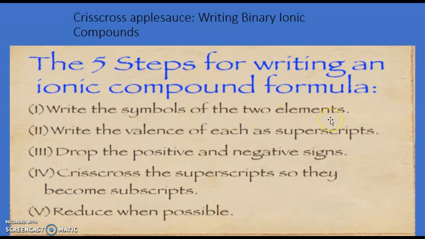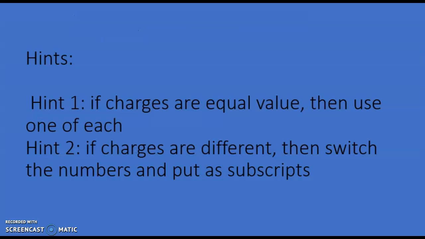And if it's a nonmetal, it's going to be a negative, written above. So all you have to do is then drop those positive and negative signs and crisscross the superscripts so they become subscripts. And whenever you can, you reduce. Well, let's look at an example.